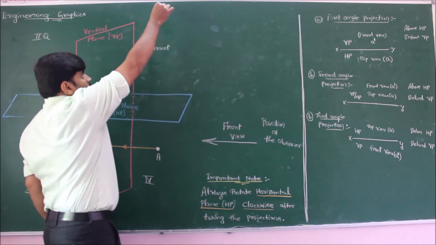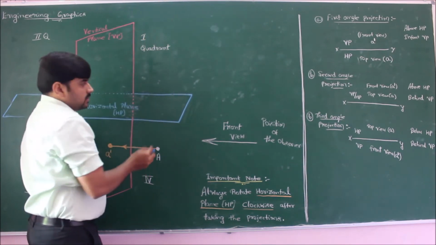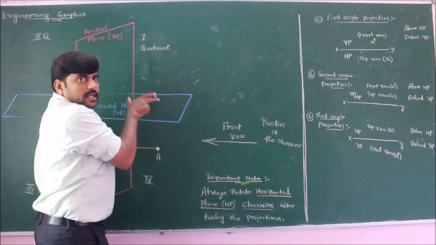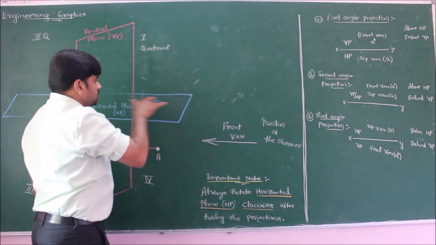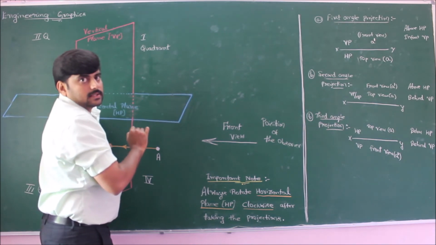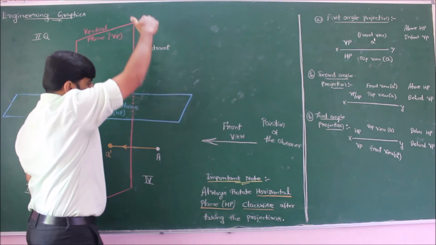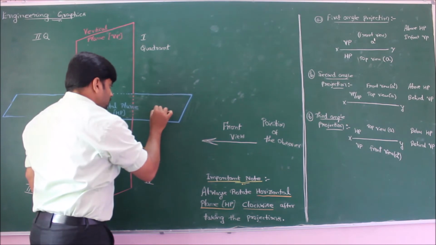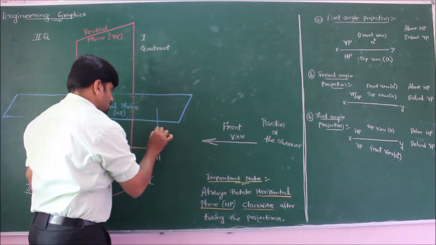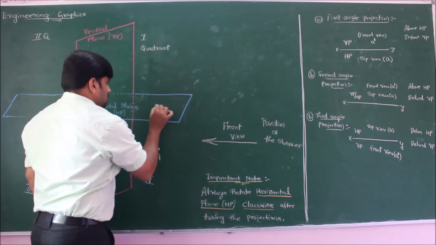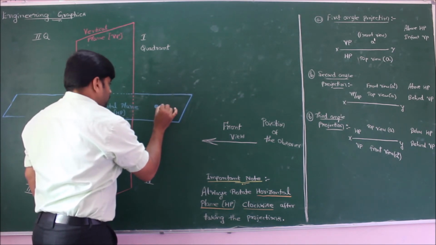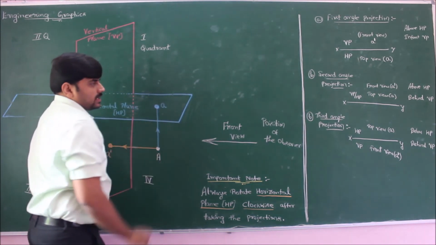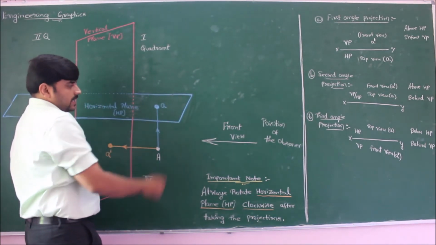Similarly, when the observer views this point in the top view, the horizontal plane itself is obstructing the visualization. Therefore, the observer should assume that the horizontal plane is transparent. By making that assumption, the observer will view this point and take back the projection onto the horizontal plane. So this will represent the top view of this point, which is denoted without a dash. This is A dash, this is A.